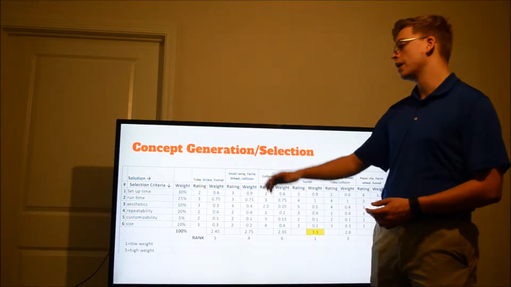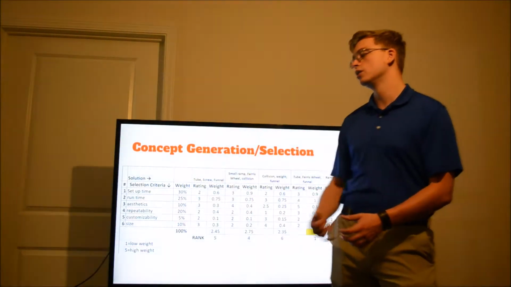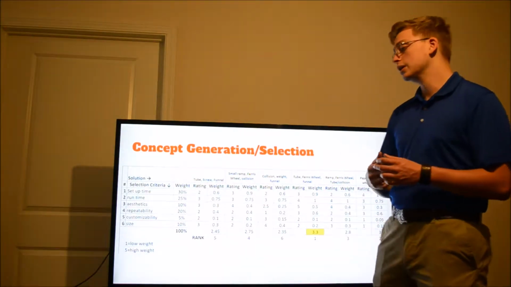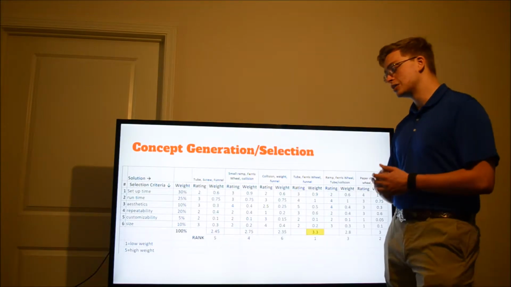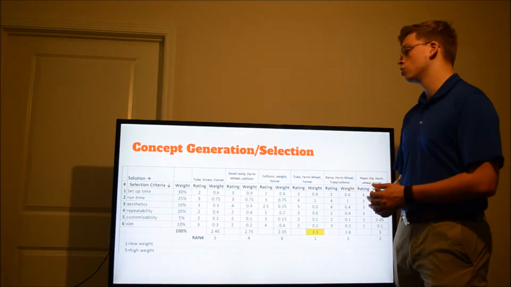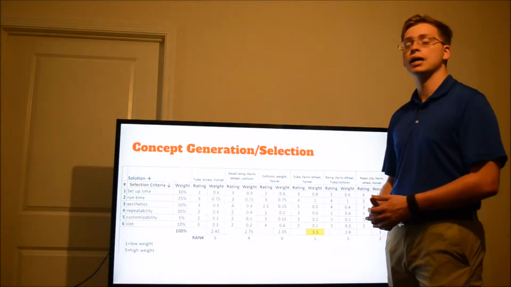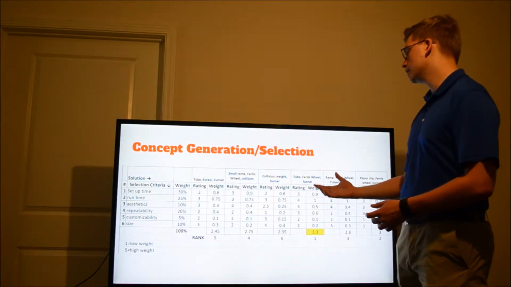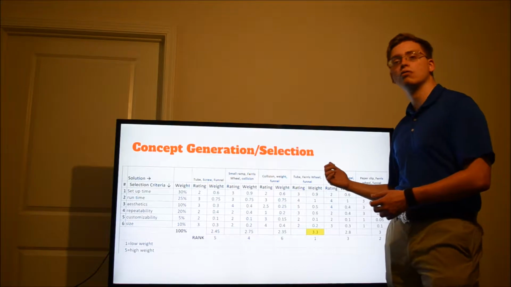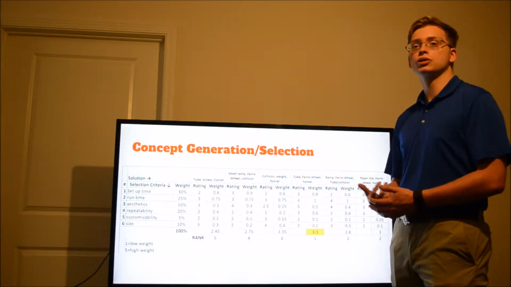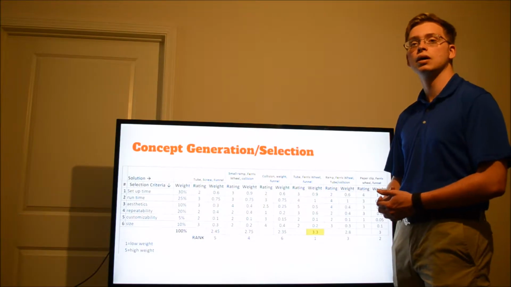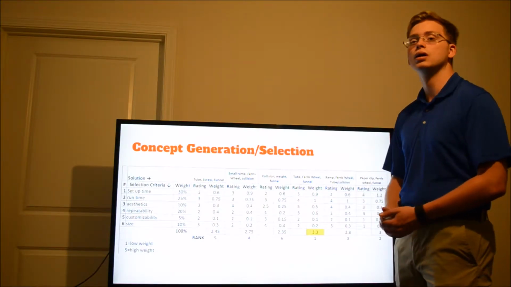Our main selection criteria were setup time, runtime, aesthetics, repeatability, customizability, and size. From those criteria and the weights that we gave them, ultimately the tube, Ferris wheel, and funnel solution came out as the best solution.